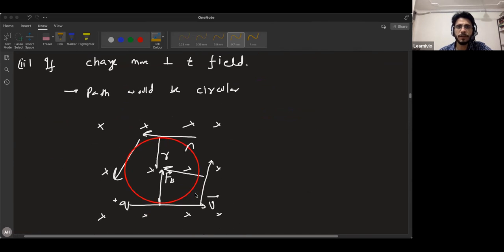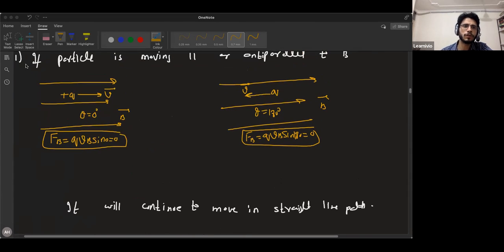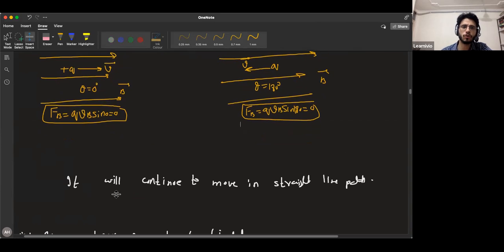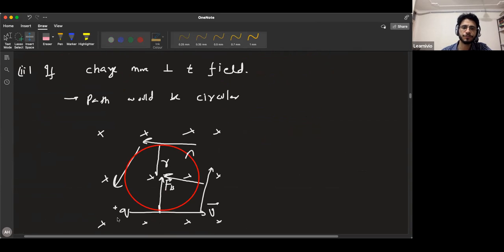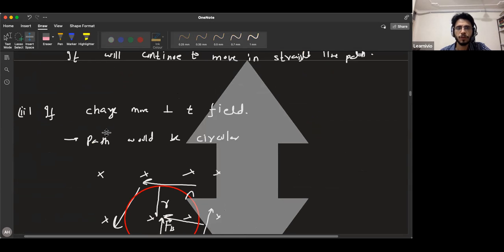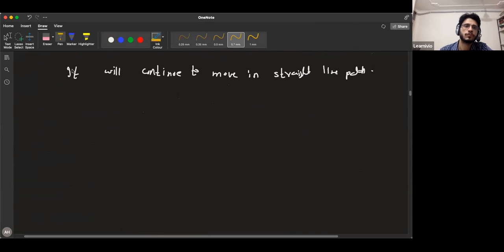Next is the charged particle moving perpendicular, but for the next part, you should have an idea of centripetal force. Let's discuss centripetal force.